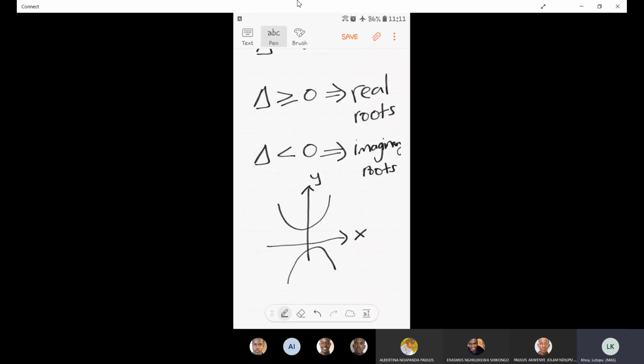So you can see this parabola I've drawn up here does not intersect the x-axis, so it doesn't have any x-intercept. The same thing with this parabola over here, it doesn't intersect the x-axis, so it has no x-intercept, so it has imaginary roots. So those are the first two cases.